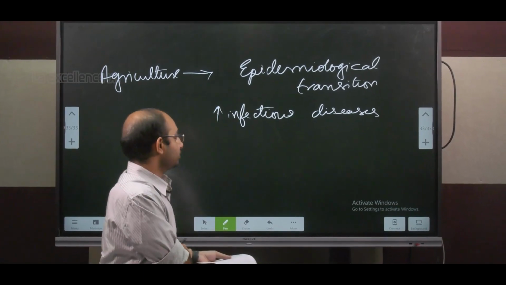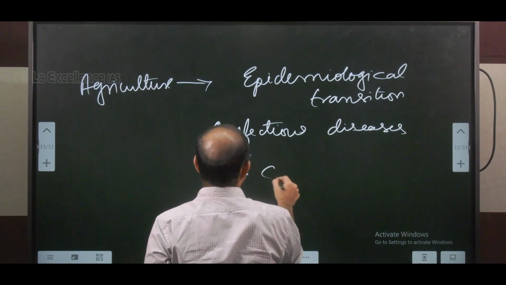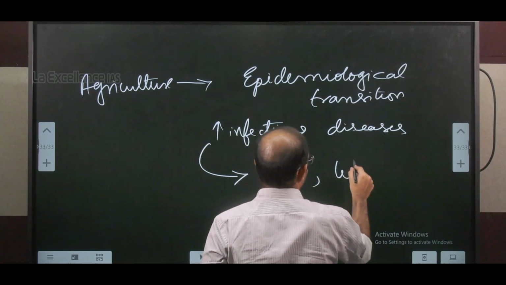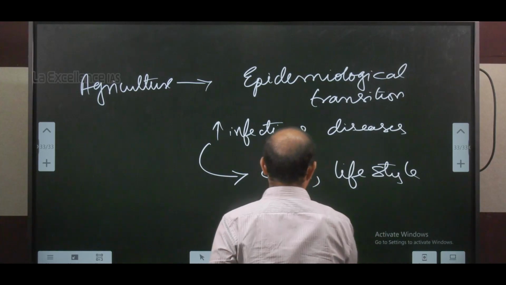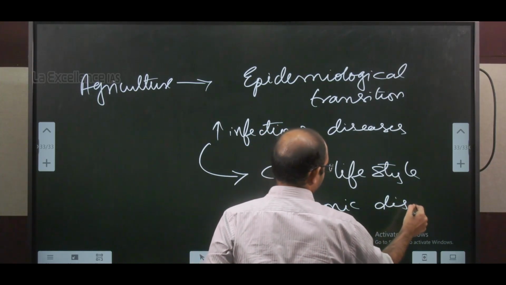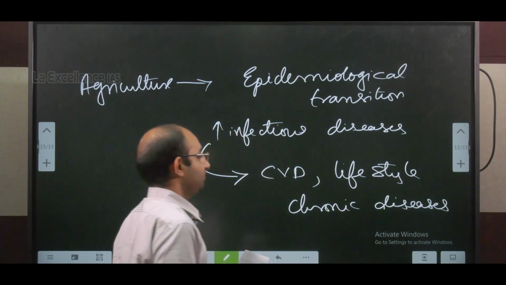But as societies progress, infectious diseases slowly decrease and are replaced by cardiovascular diseases, lifestyle diseases or chronic diseases. Chronic diseases increasingly begin to replace infectious diseases.